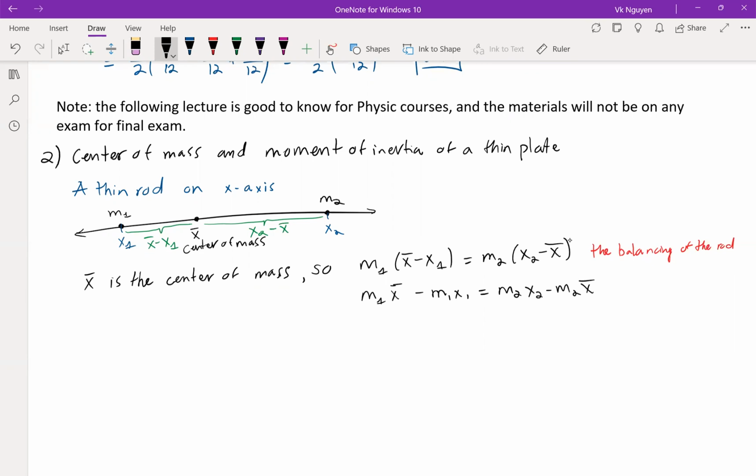So move the X bar to the other side: X bar times (M1 plus M2) equals M1 X1 plus M2 X2. So X bar, the center of mass, is M1 X1 plus M2 X2 over M1 plus M2.